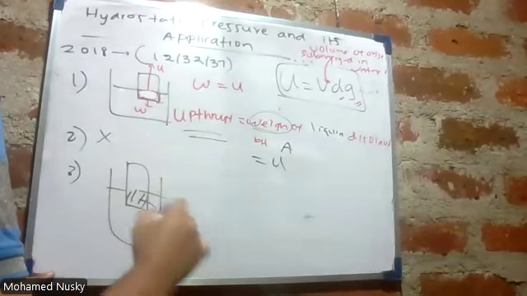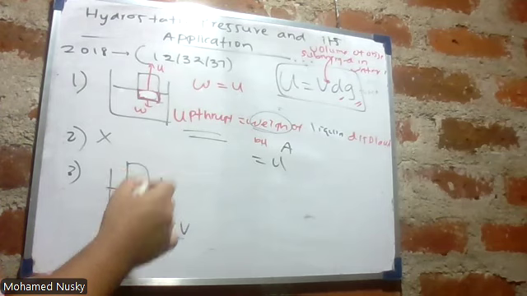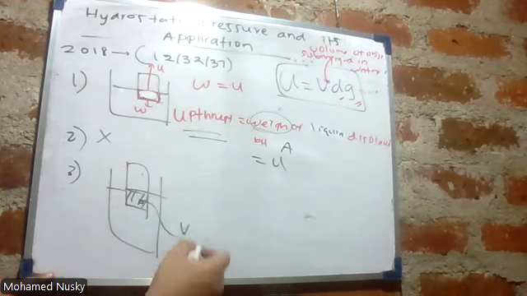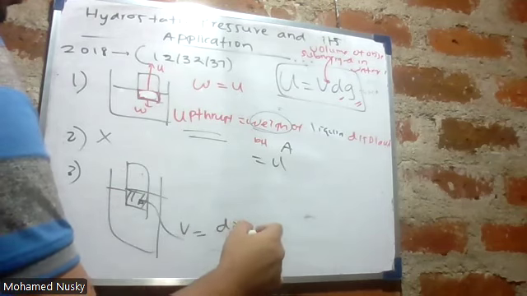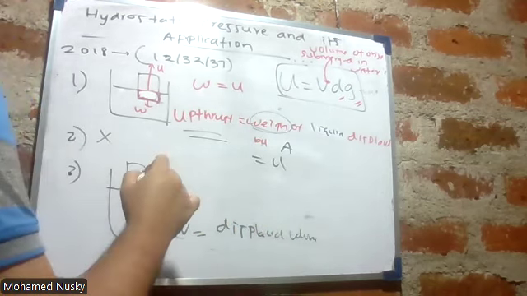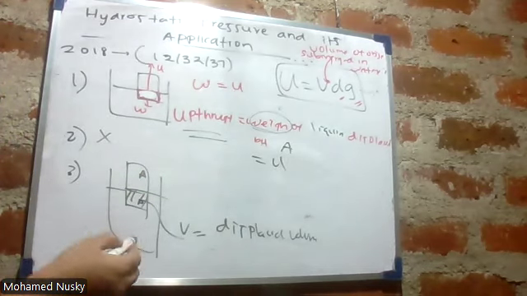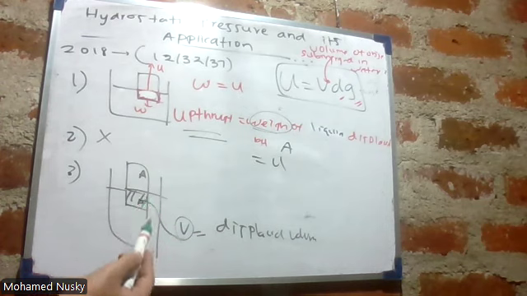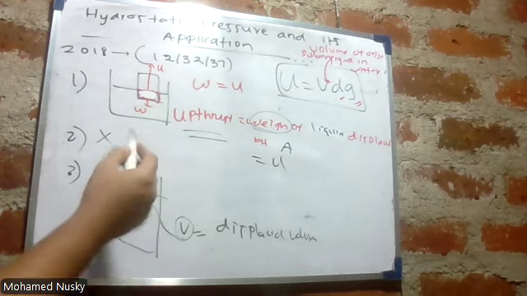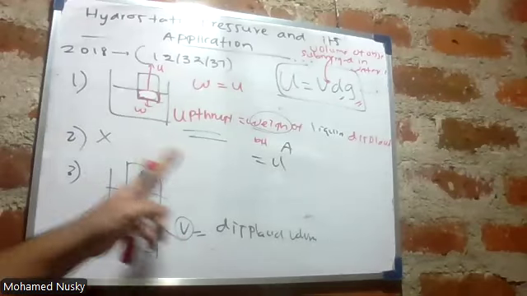Let me take this as V. If the part of the object immersed in water is V, then the displaced volume is also V. Let me take this as A. In this A, the part of A immersed in water is V. That V is the displaced volume of A.